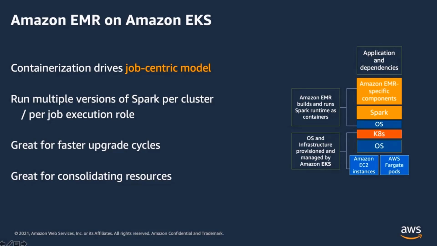So you could just create an EKS cluster one time and make your EMR create a virtual cluster, which I'll talk about in the next few slides, have that integration built with Amazon EMR, and once that is done, then you can go and run your Spark jobs on demand or on a periodic basis, right? So this is what we call a job-centric model.